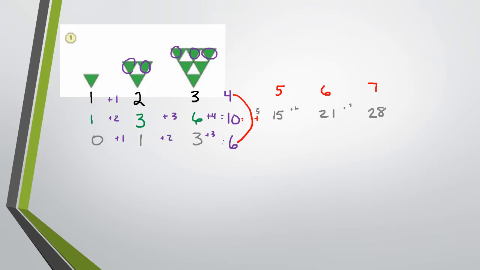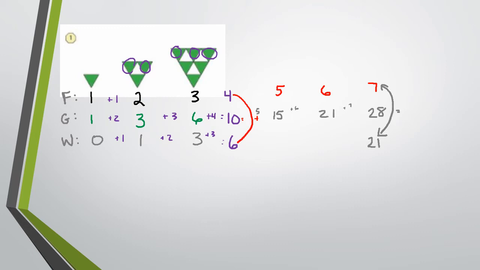With the whites, let's do it a different way. We know that those two, the figure number and the whites, when added together, gives you the greens. Okay, so let's figure out this one. This plus this equals 28. So this must be 21.